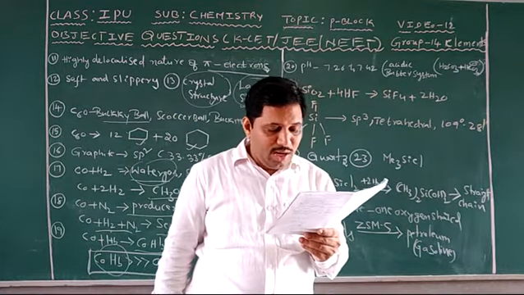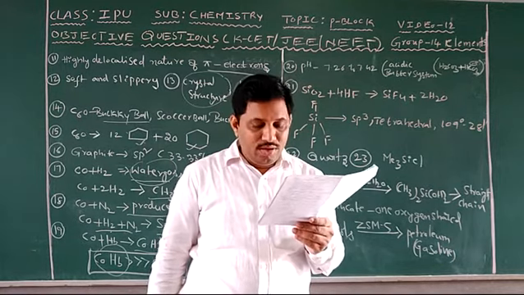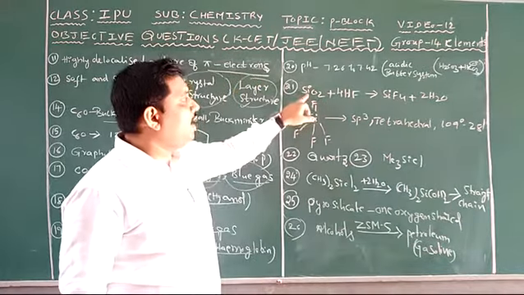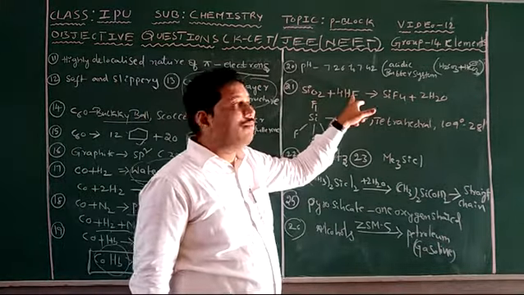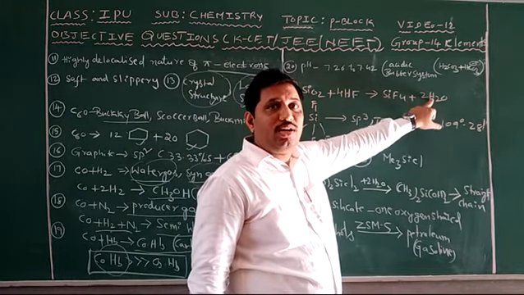What is the structure of the compound obtained by the chemical reaction of silica with hydrogen fluoride? When silica, SiO2, reacts with hydrogen fluoride, it forms silicon tetrafluoride plus water.